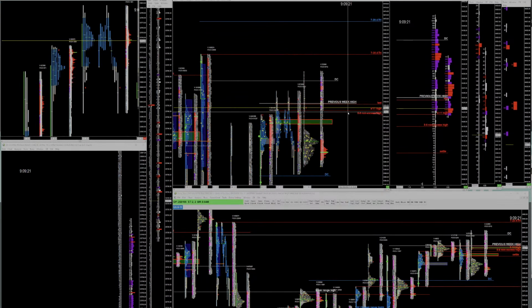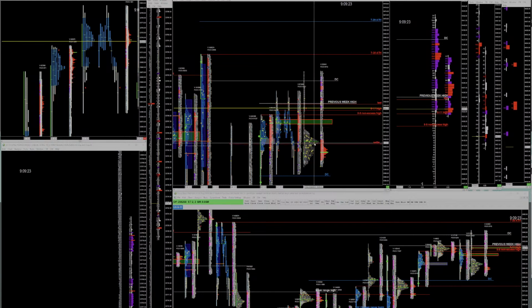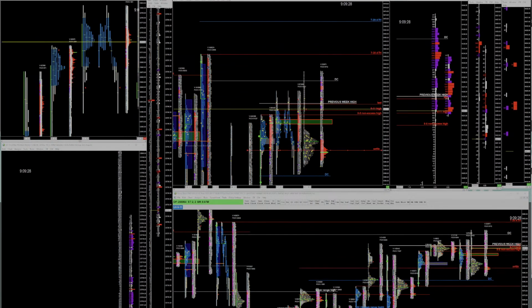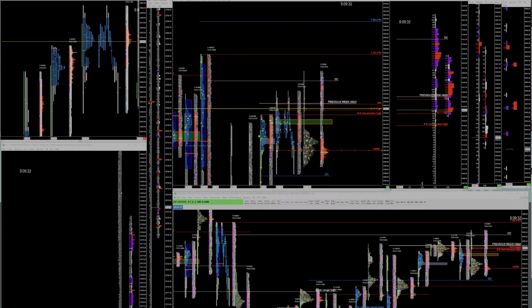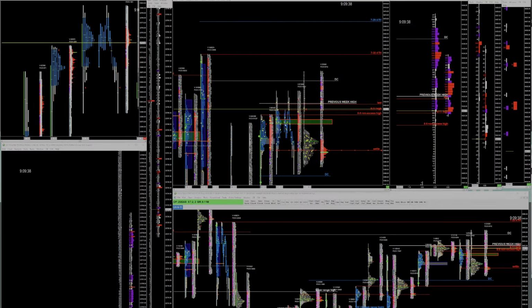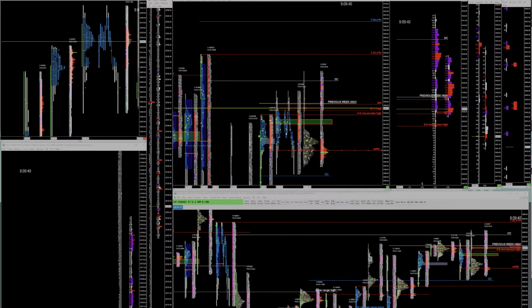The only one in the opposite direction, going lower, was the intraday, which was this value.